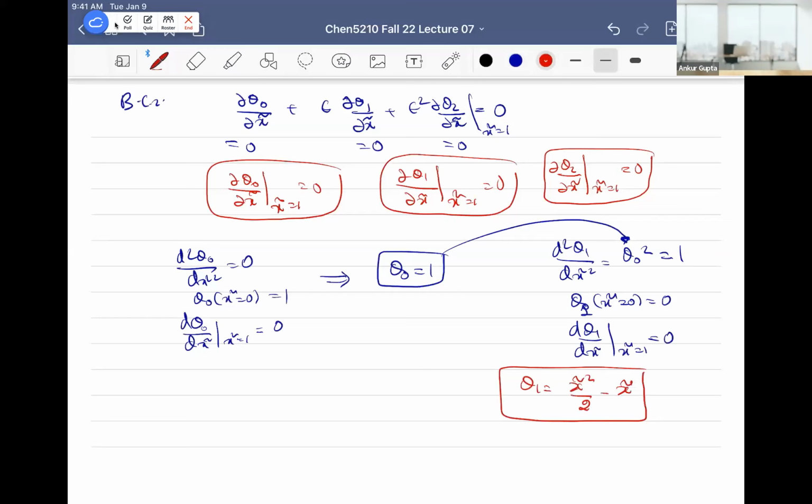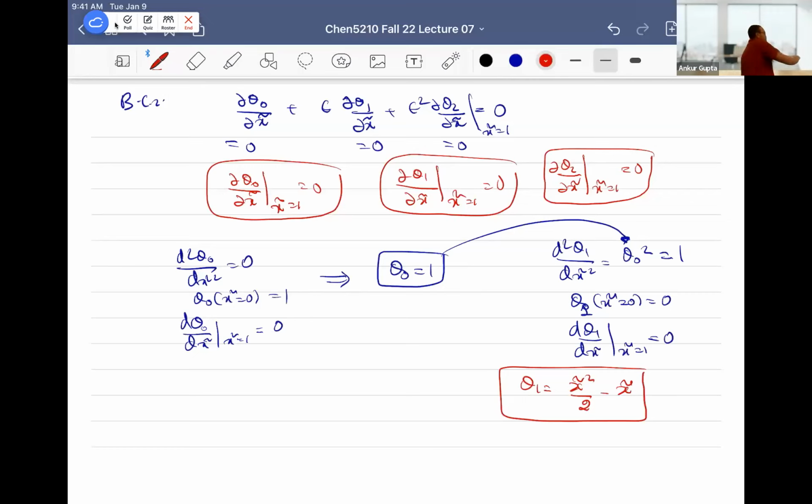If you are interested, you can check how it satisfies the boundary condition. You put x to be 0, it satisfies the boundary condition. If I take a derivative, I get x minus 1. When I put x equal to 1, I get again 0. If you take the derivative twice, you will again satisfy the governing equation as well. I just didn't want to spend that time here, but you can do it yourself. Similarly, you can also get theta 2 and so on.